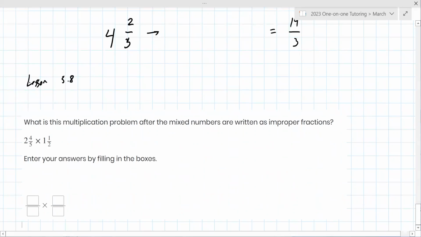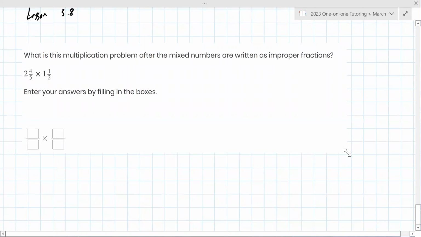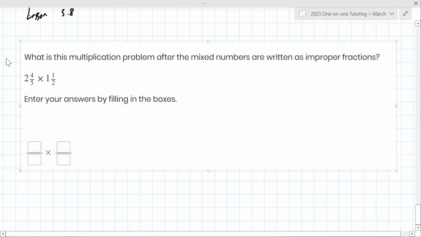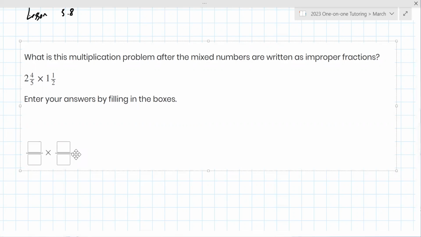Okay, the start of this problem is that they want you to convert both of these numbers to improper fractions. So can you do that for me, please? Just give me the two improper fractions.